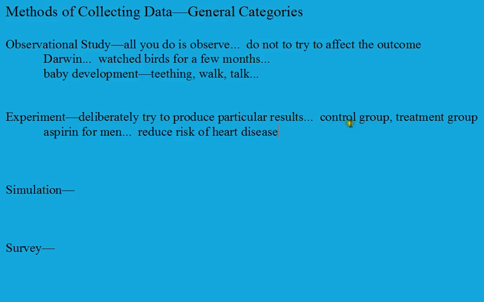Half of those men they actually gave just a sugar pill instead, and the results were overwhelmingly different. The men who actually took aspirin had a much lower risk of heart disease than the men who were just taking a sugar pill. In this case, the experiment actually got canceled halfway through because there's no reason to continue. We might as well tell all the guys, yeah, start taking aspirin.